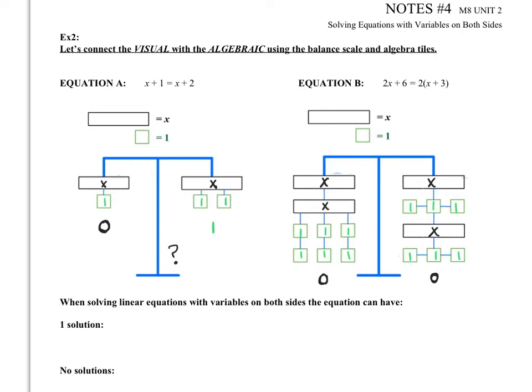And then I've got 6 more singles. And on the right side of my scale, whatever x is, so let's say x was 5 over here, then these x's would also be 5 because x is the same variable. So I've got 2 x's as well, and then 6 additional singles. So no matter what my x value is, my scales are always going to be even because I always have 2 of them and then an additional 6. So here, my scale can never be balanced, and here, my scale will always be balanced.